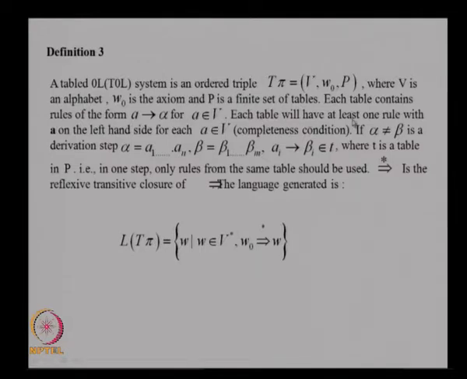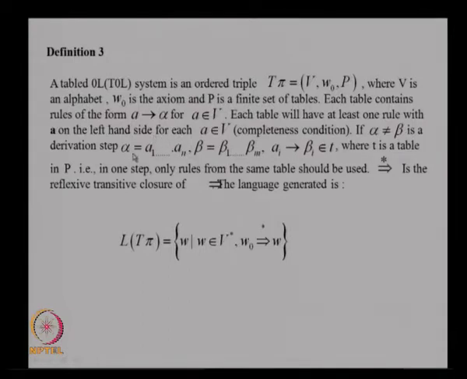Each table will have at least one rule with A on the left hand side for each A belonging to V. This is called the completeness condition, and if you have only one rule, it is called a deterministic system.